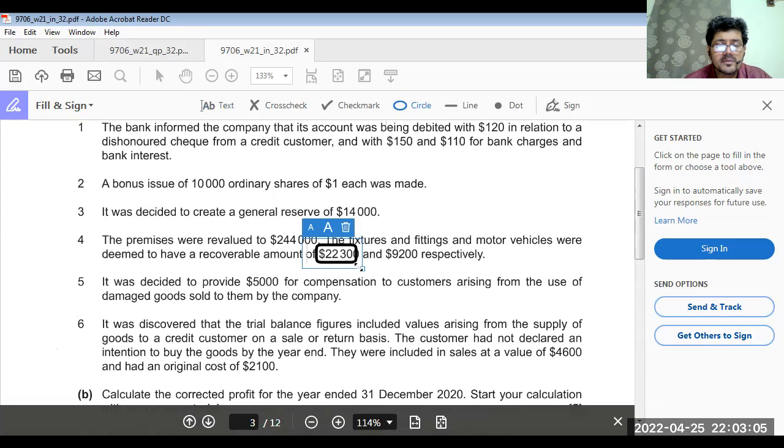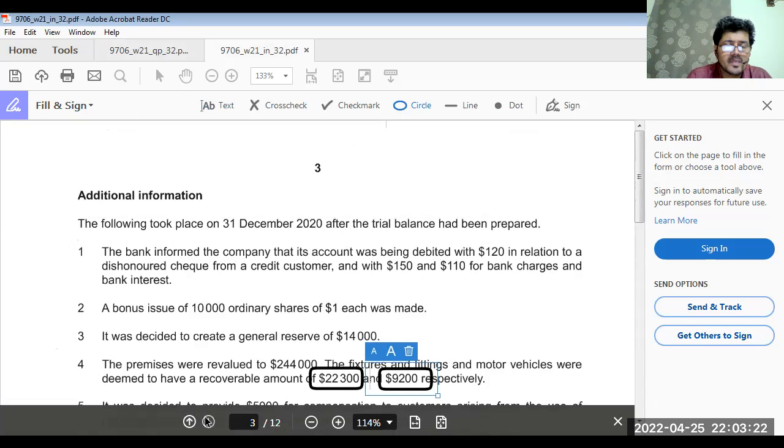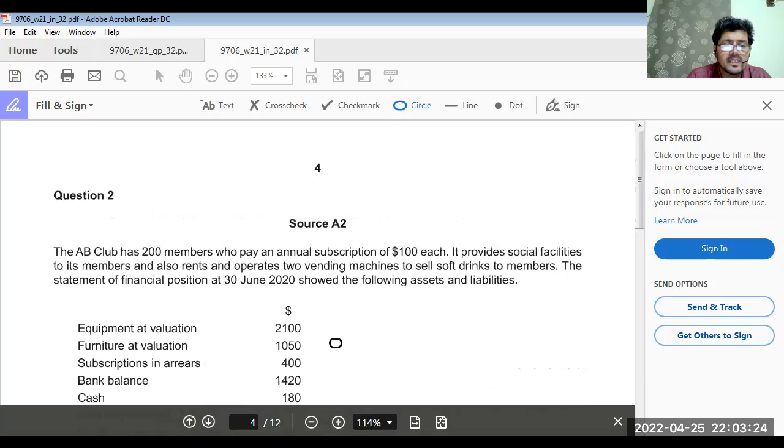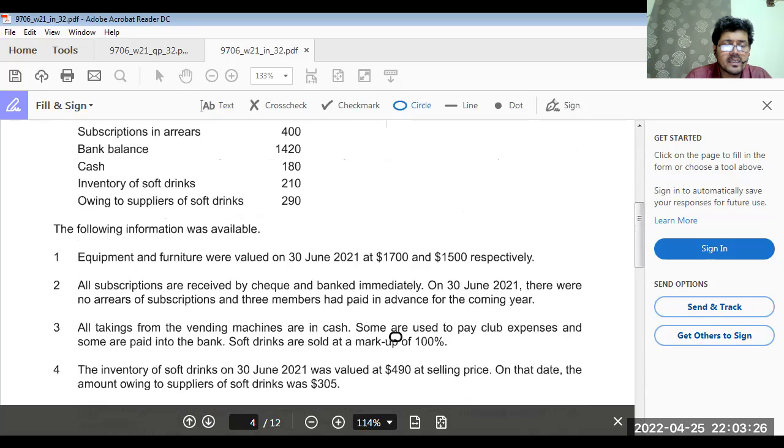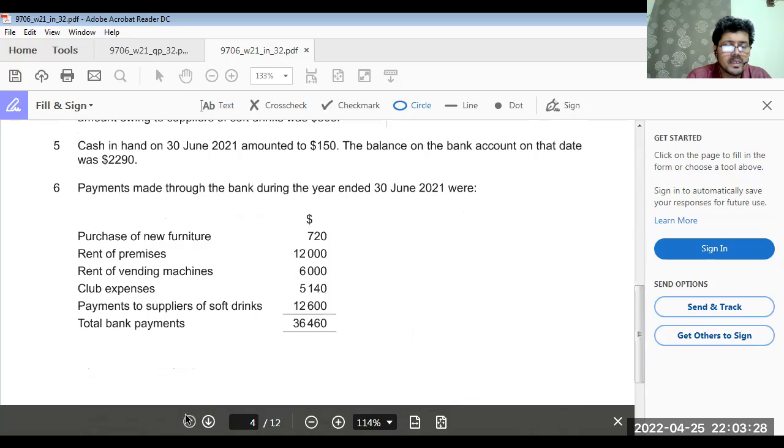This amount and this amount. Now see what happened actually. The premises was revalued. I'm not going to discuss it over here. The thing we have to be very much careful is, let's see, you have to go back.